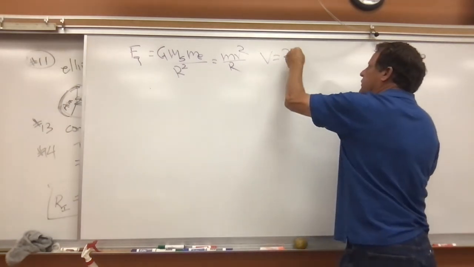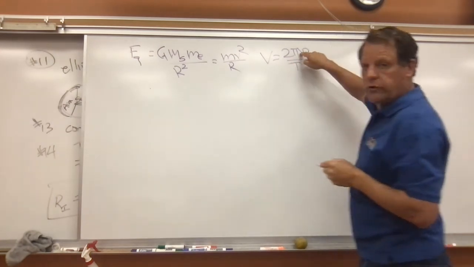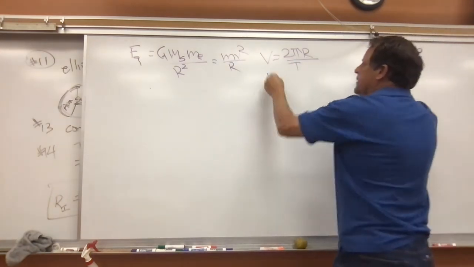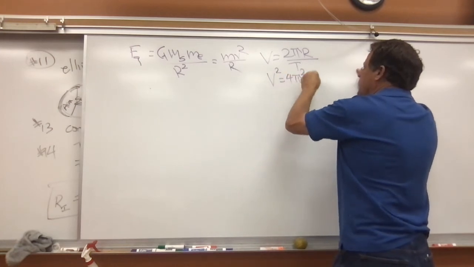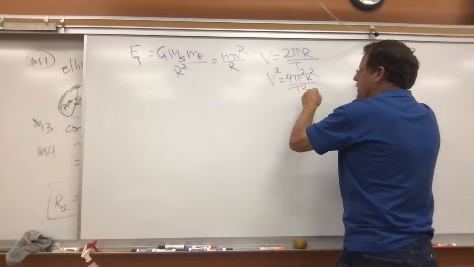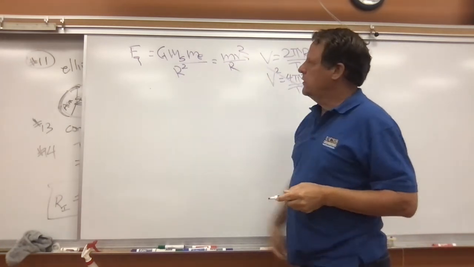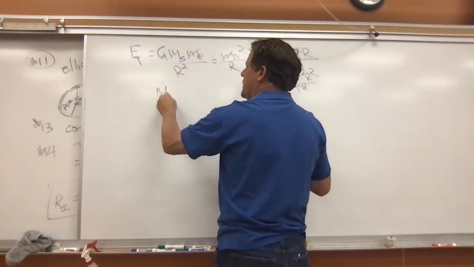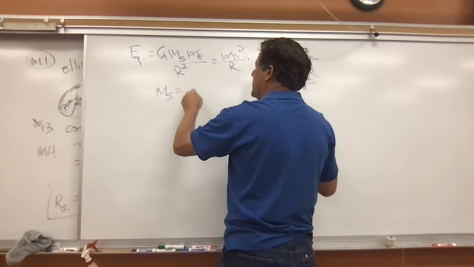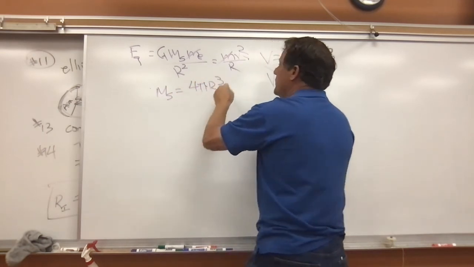Velocity is equal to 2 pi r over T, which is the total circumference divided by time. Velocity squared is equal to 4 pi squared r squared over T squared. We plug that in, and when we factor it all out, this cancels with that, and we end up with the mass of the sun equal to 4 pi squared r cubed over G T squared.